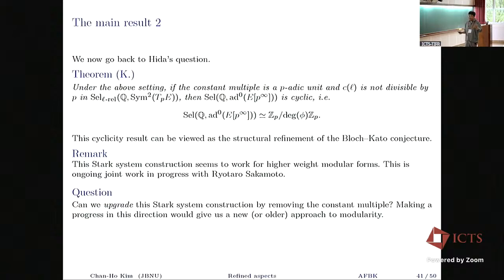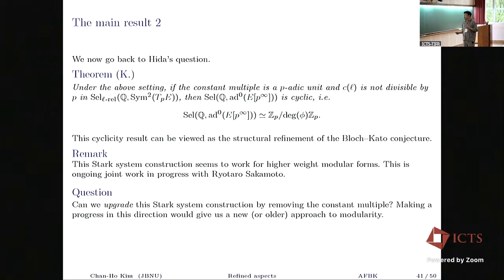So I admit R equals T, the constant multiple is a p-adic unit. And if the Flach class is not divisible by p in this compact Selmer group, then this adjoint Selmer group should be cyclic, and it should look like this, GP quotient by degree of P. This type of result can be viewed as a structural refinement of the Bloch-Kato conjecture.